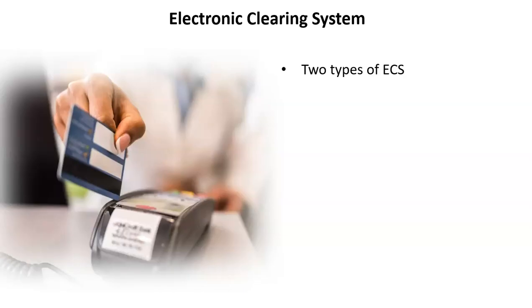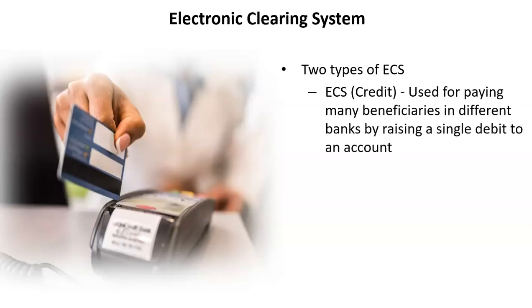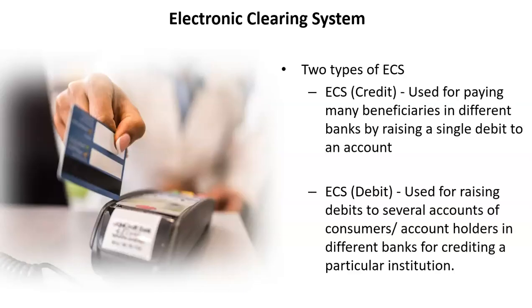Two types of ECS are there. One is debit and one is credit. ECS credit is when a large number of customer accounts are credited, like payment of subsidies, dividends, pensions, or direct benefit transfers by the government, used for paying many beneficiaries in different banks by raising a single debit. When there is a single debit and multiple credits, we call it ECS credit.